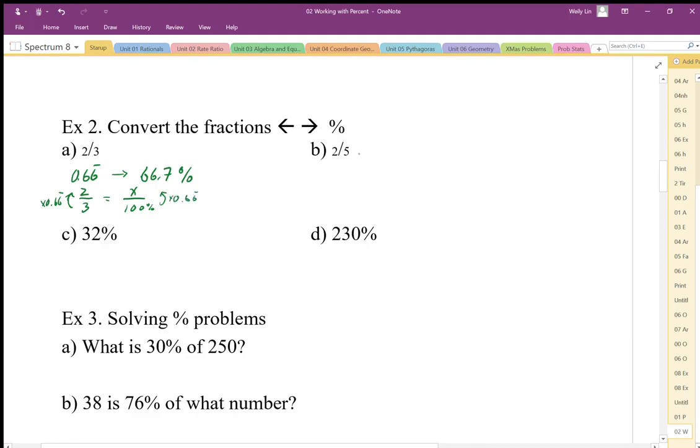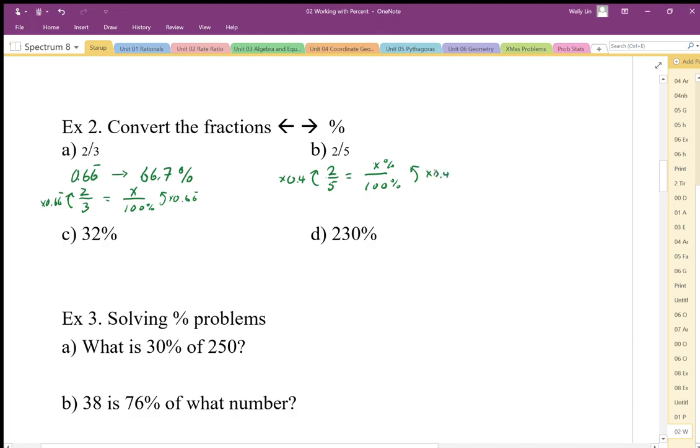2/5. Okay, we can start with our proportion this time. So we have 2 out of 5 is going to be x% out of 100%. Okay, we can use a multiplier of times 20 going from left to right. We have our up and down decimal multiplier, which is our percentage, our decimal percentage multiplier.